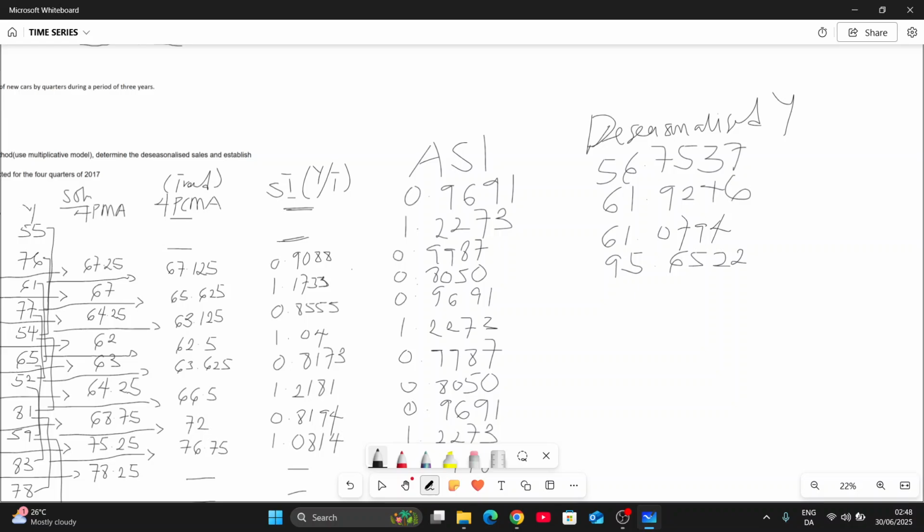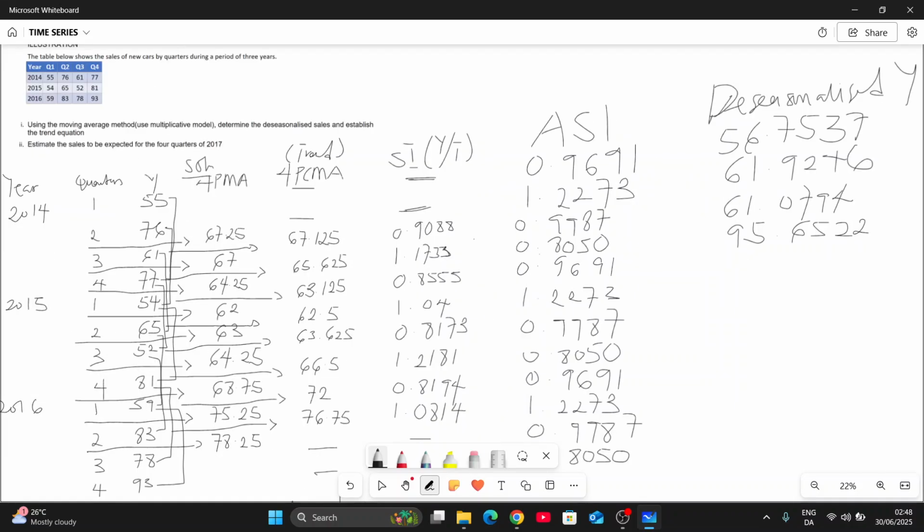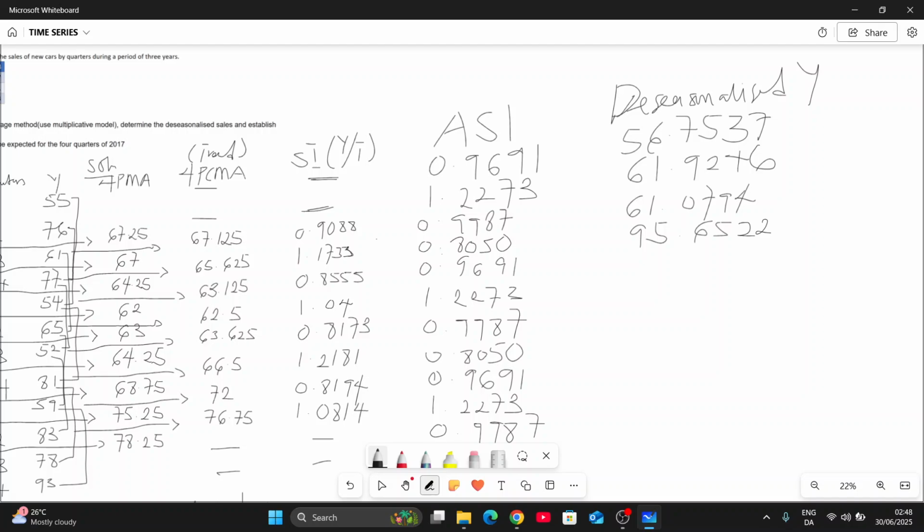54, which is the value for the first quarter in 2015. 54 divided by 0.9691, 55.7218. You have the next one to be 65 divided by 1.2273, 52.9618.